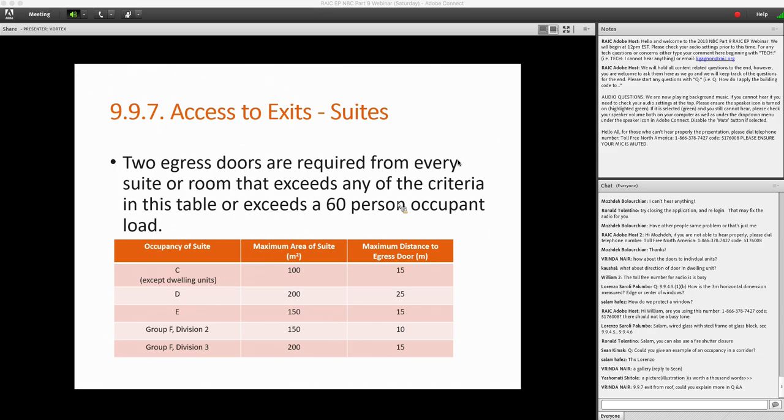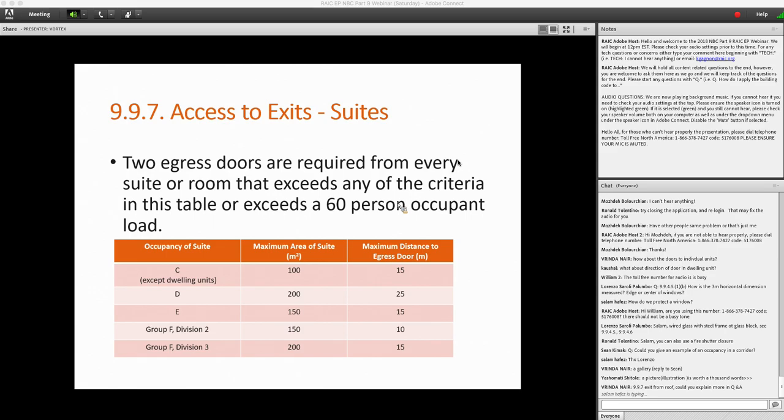Depending on the area of the room or suite, the occupancy of the room or suite, and the travel distance within the room or suite, you may be permitted to have either one egress door or a minimum of 2 egress doors serving that room or suite. So 2 egress doors are required from every suite or room that exceeds any of the criteria in the table below, or where the occupant load in the room or suite is more than 60 persons.